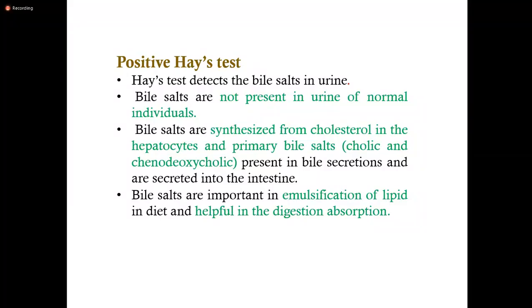The primary bile salts are present in biliary secretions and are then secreted into the intestine. Their function is to emulsify the lipid in the diet and help in the digestion and absorption of fat and fat-soluble vitamins. These things have marks allocated.